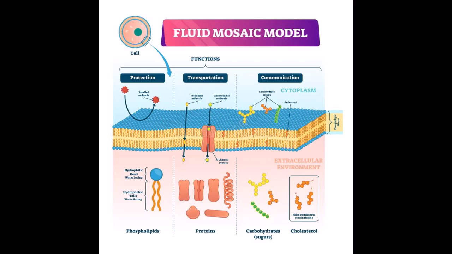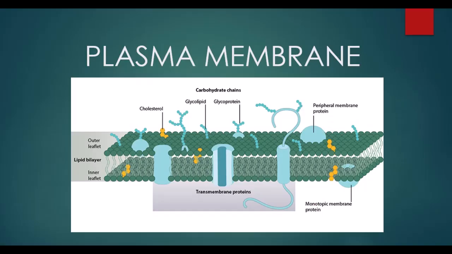Next is proteins. Proteins constitute around 25 to 75% of the mass of the various membranes of the cell. These proteins are divided into two general classes based on the nature of their association with the membrane.